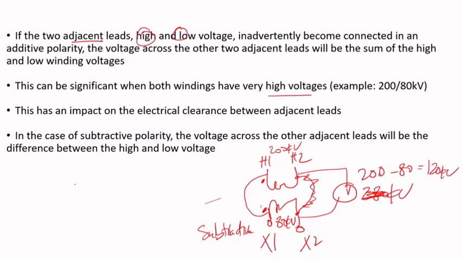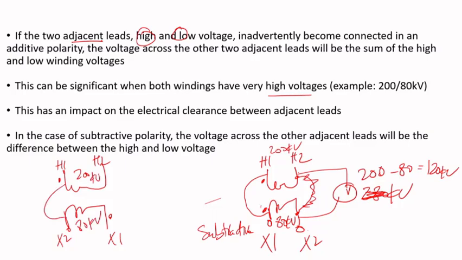But if it's additive, H1, H2, X2, and X1, so the dot is on this side. Now, 200 kV applied here, 80 kV.